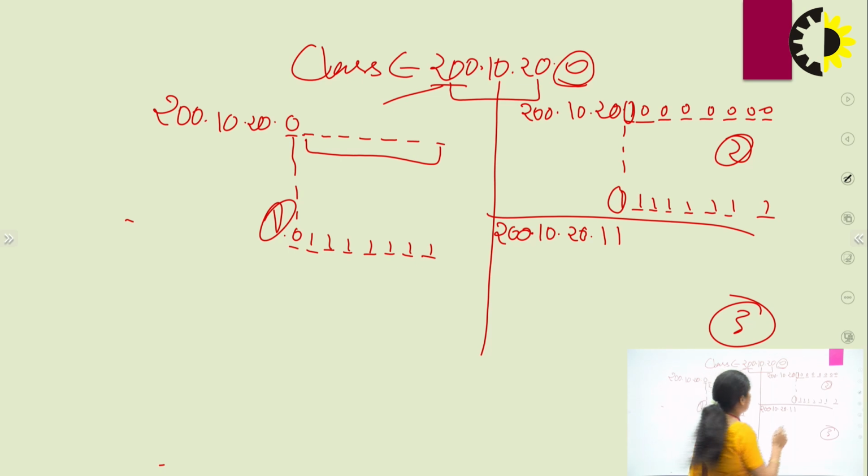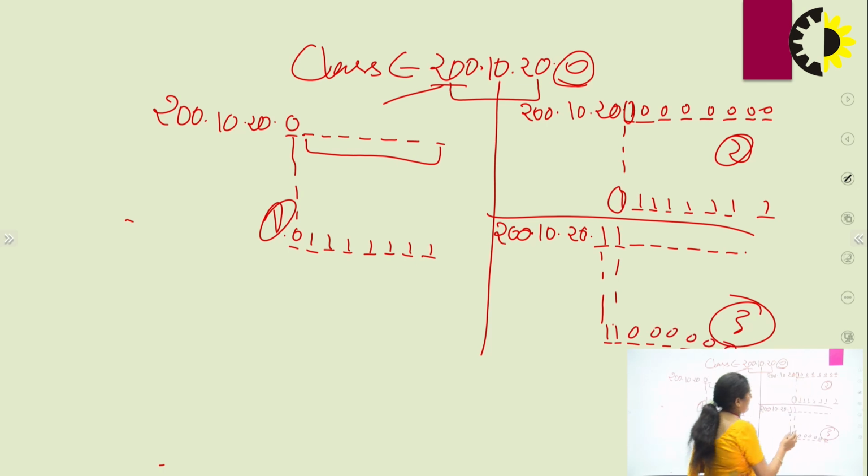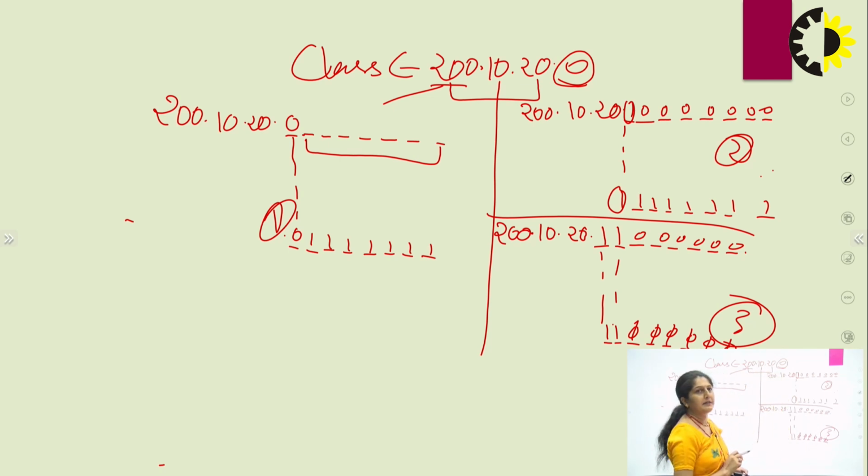Now we are fixing 2 bits, and the remaining 6 bits will be changed, from 000000 to 111111. Sorry, from 11000000 to 11111111. This is the third subnet.